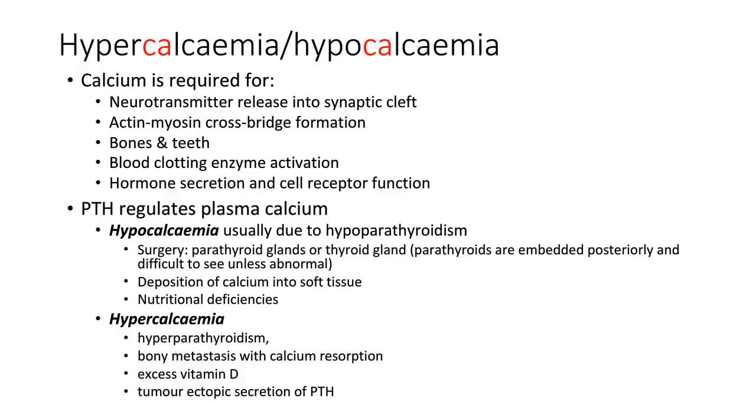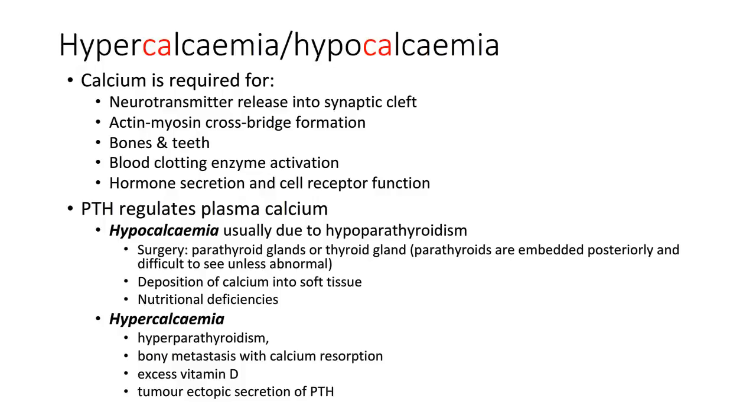Excessive calcium in the plasma is usually the result of too much parathyroid hormone being released, and that might be because there's an ectopic tumour making PTH, so that the feedback loop is no longer under physiological control.